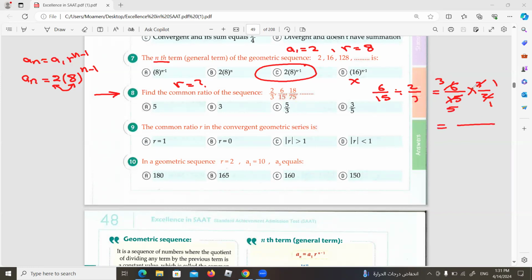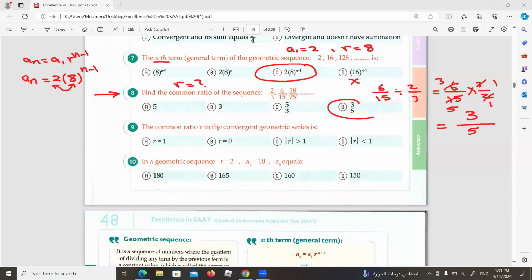So the result is 3 over 5, and it's convergent also, because the value of r is less than 1. So the answer for number 8 is letter D. We're going to number 9.